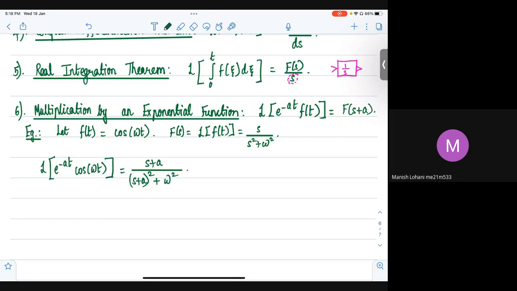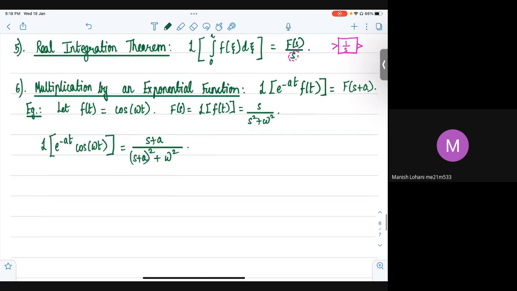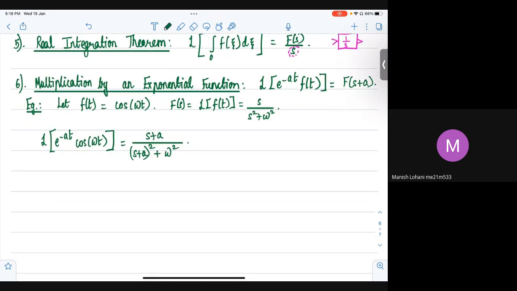So that's how we interpret this property. It's a very useful property, so that's why I thought I should share it with you. These are some few properties of the Laplace transform.